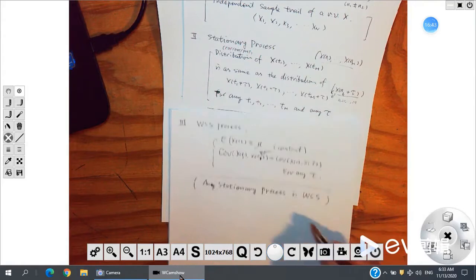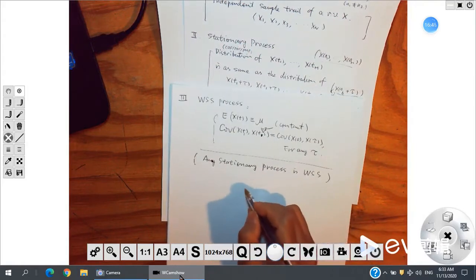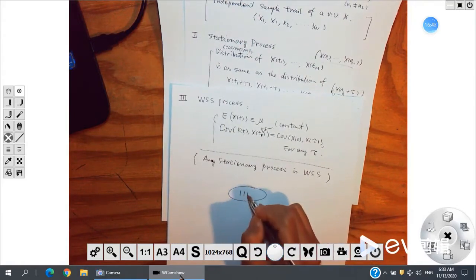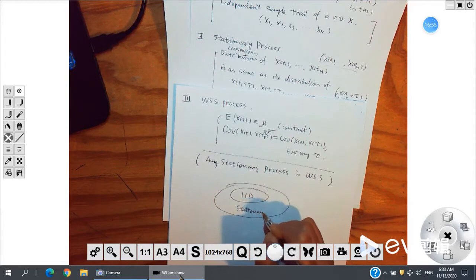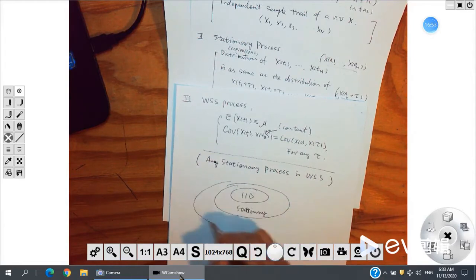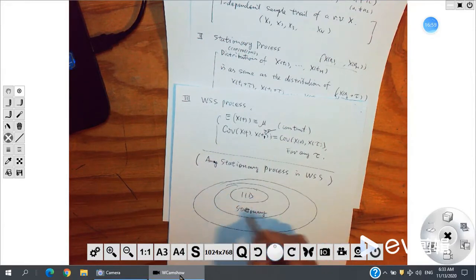So this one is even wider. So an IID process is part of the stationary processes, and all the stationary processes are part of the wide sense stationary processes. It's like this.